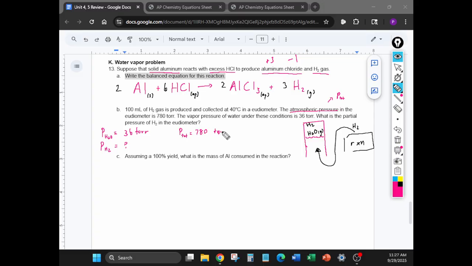And if you remember, total pressure is equal to the partial pressures of all the gases. So 780 is going to equal the partial pressure of water and the partial pressure of H2. So this one's a very simple problem. The key thing is understanding that concept. Just remember, when you're collecting a gas over water, there's going to be some water trapped in there with it. H2O gas, excuse me.